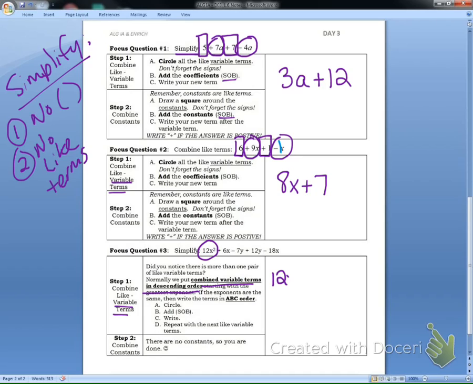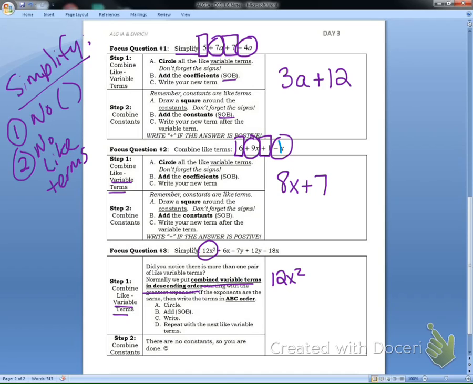So our variable terms, we're going to combine first our highest exponent. The highest exponent on all those variables is the x to the second term. So 12x to the second. But there's no other term that has the x to the second variable in it. So we have nothing to combine it with, we just have to write it down.